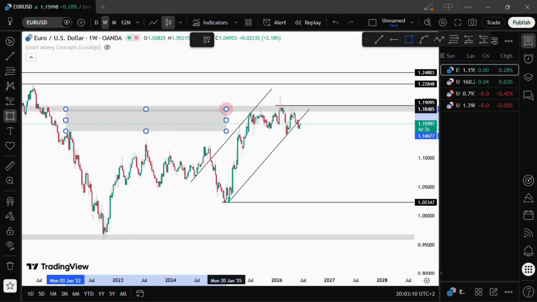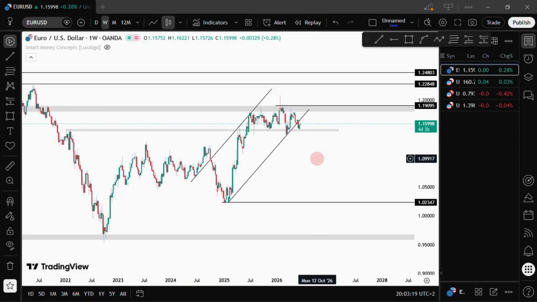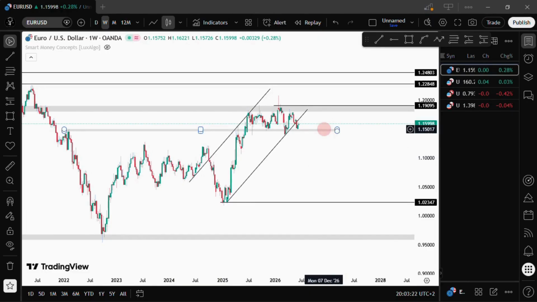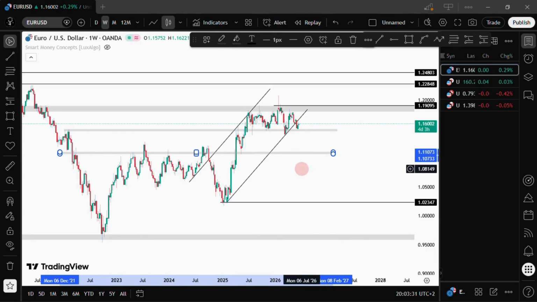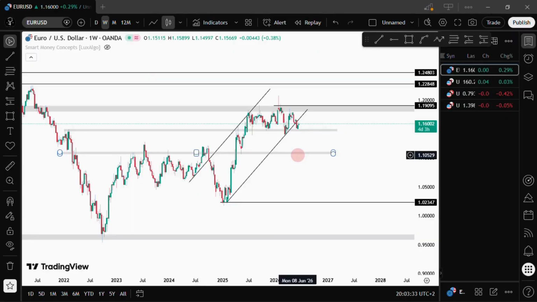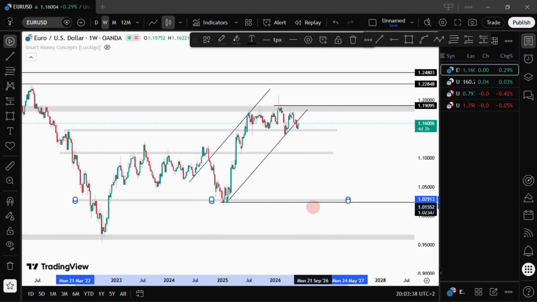Okay, so this was a sloping uptrend, but the market was testing these areas right here. Okay guys, so you could see that right here it's a significant zone where the market is playing around.